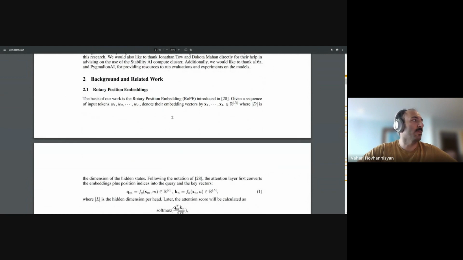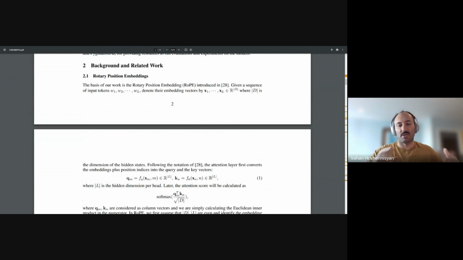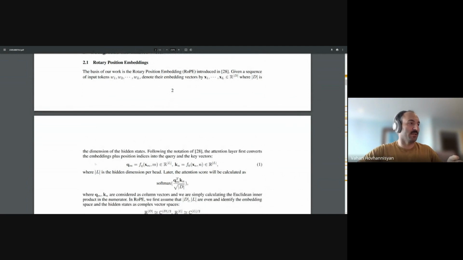Okay. Let's talk about RoPE embeddings, so rotary position embeddings. So normally, with positional embeddings, when you have an LLM, you get tokens from the input, and then they go into these query and key matrices, which are used for the attention, and then if you have many layers, you pass those through the layers.